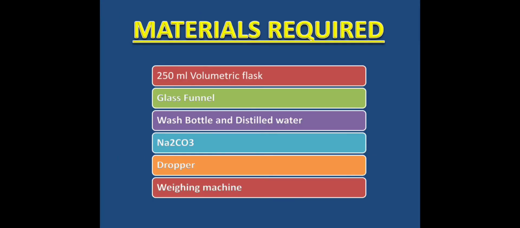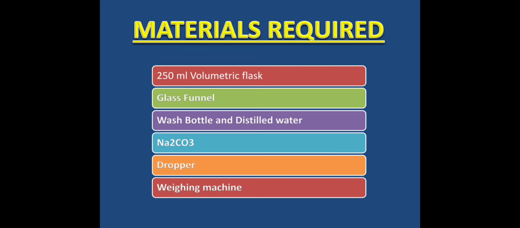Materials required. For this purpose, we need a volumetric flask of 250 ml. Then, for transferring the salt into the volumetric flask, we need a glass funnel. The solution is prepared in distilled water.